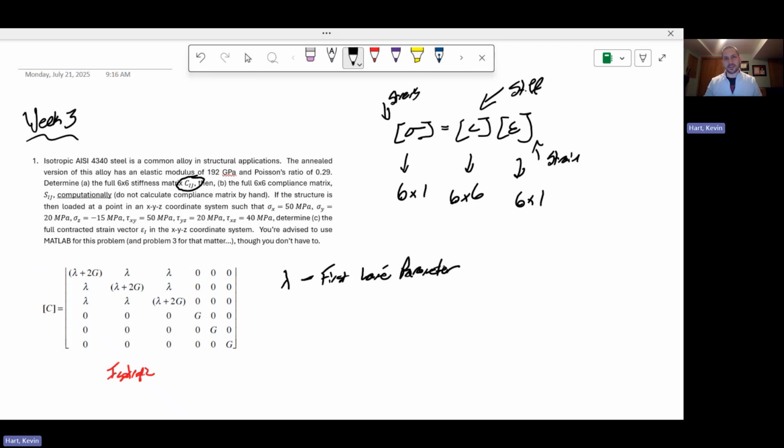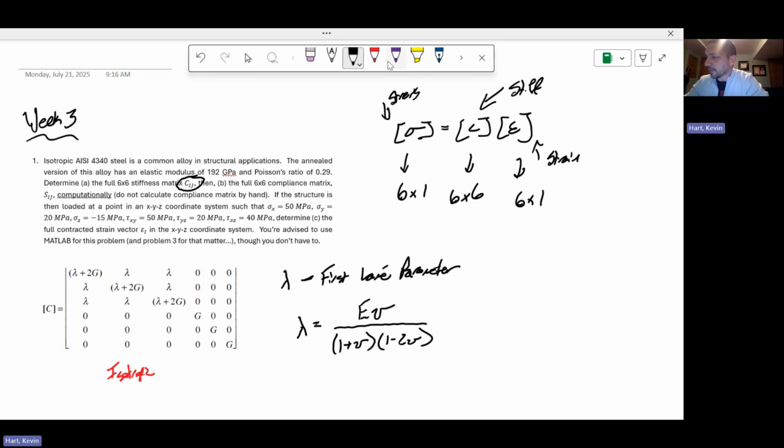It's probably the only time you see it is when you do finite element analysis, you see these 6x6 stiffness matrices. So if you wanted to find the Lamé parameter in terms of things that you're more familiar with, it's easier to understand if you use elastic modulus, which is E, and Poisson's ratio, which is nu. So we can define the Lamé parameter as E nu in the numerator, and then 1 plus nu times 1 minus 2 nu in the denominator.